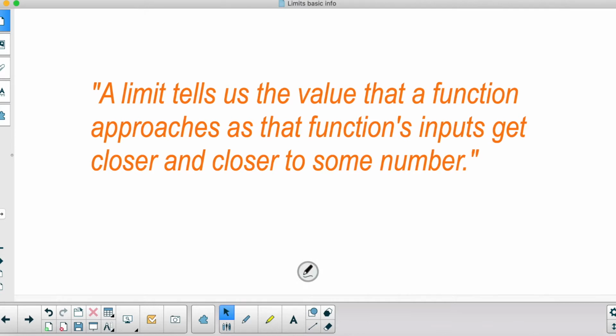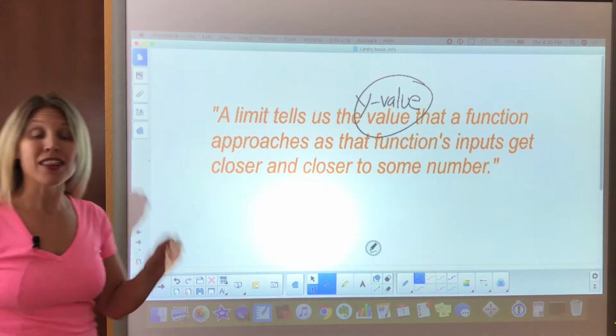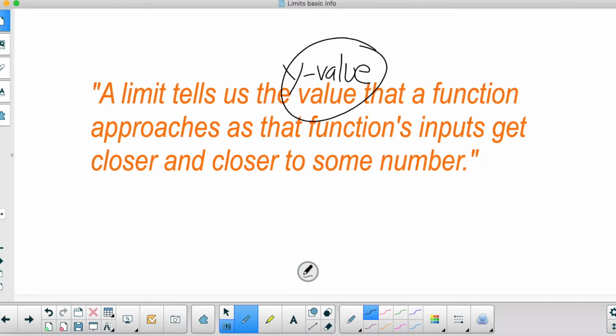A limit tells us that the value, this is key, this is your y value. The answer to a limit is a y value. That a function approaches as that function's input. The function's input is your x value.